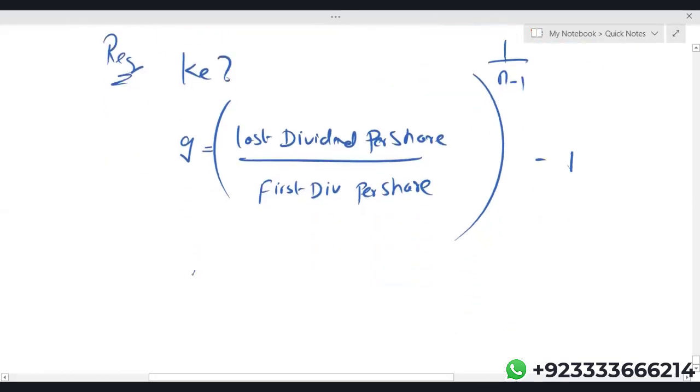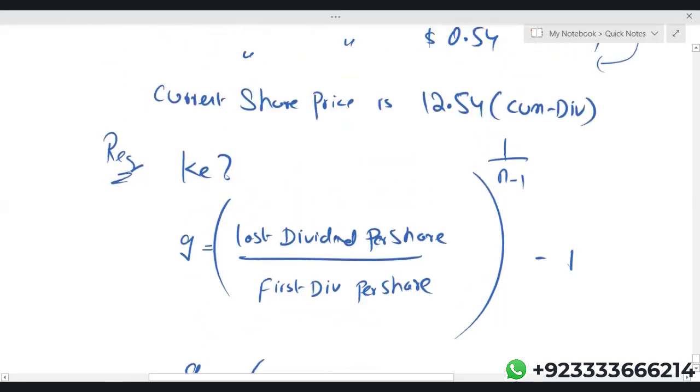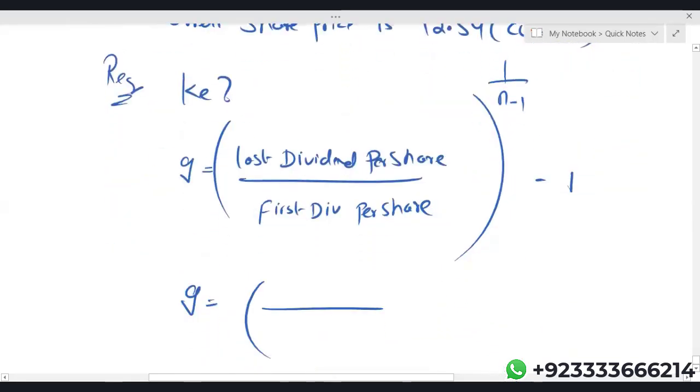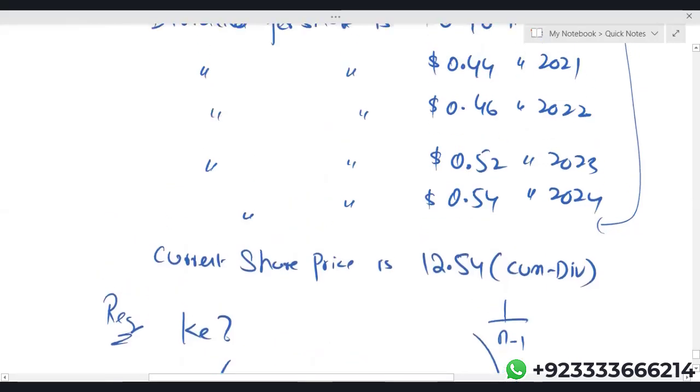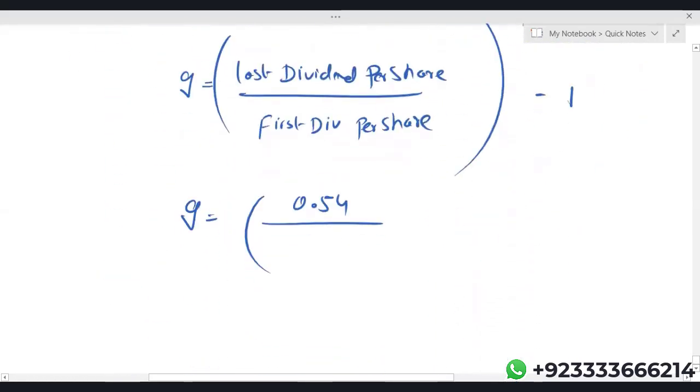Let's apply. The last dividend is 0.54 and the first dividend is 0.40.